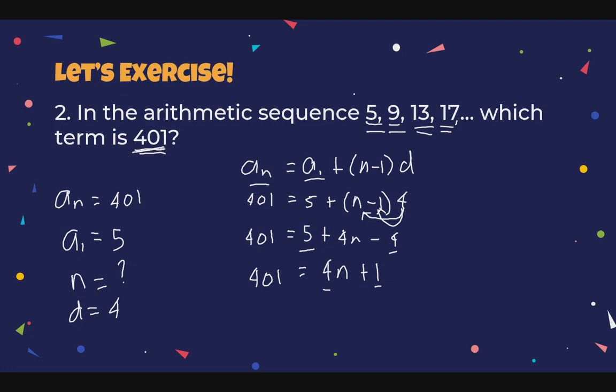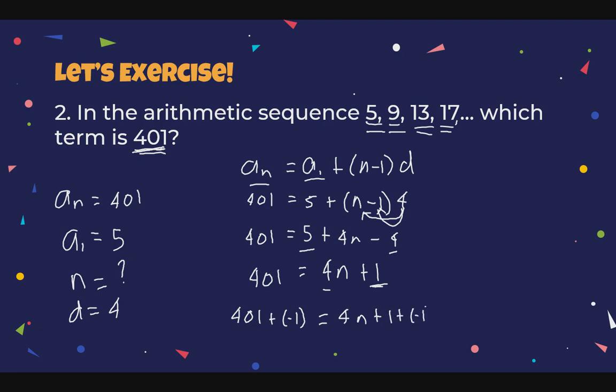So to eliminate positive 1, we have to add the additive inverse of it to both sides of our equation, which is negative 1. Again, the additive inverse of positive 1 is negative 1. 401 plus negative 1 equal to 4n plus 1 plus negative 1.